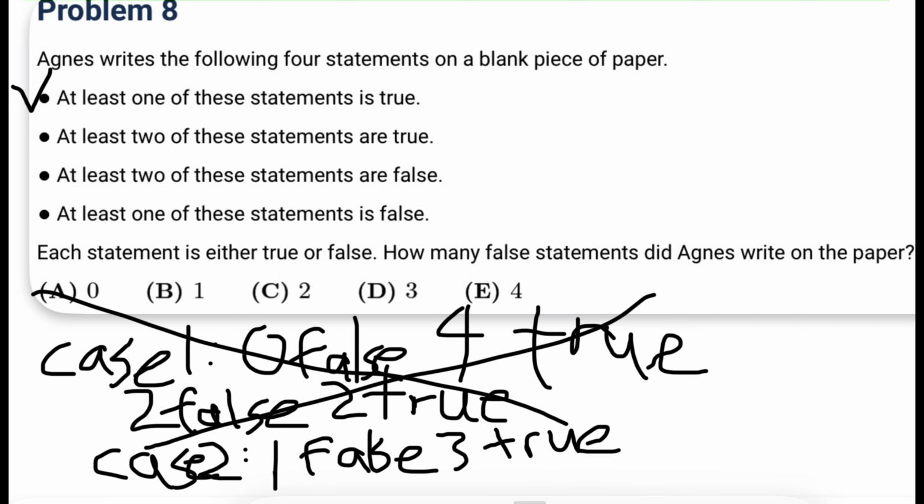Is the third statement true? No. Is the fourth statement true? Yes. Okay, so as you see, we have 3 true and 1 false. So this case works. And then you can try the other cases, but only this case will work. So we have B1, which is the number of false statements.